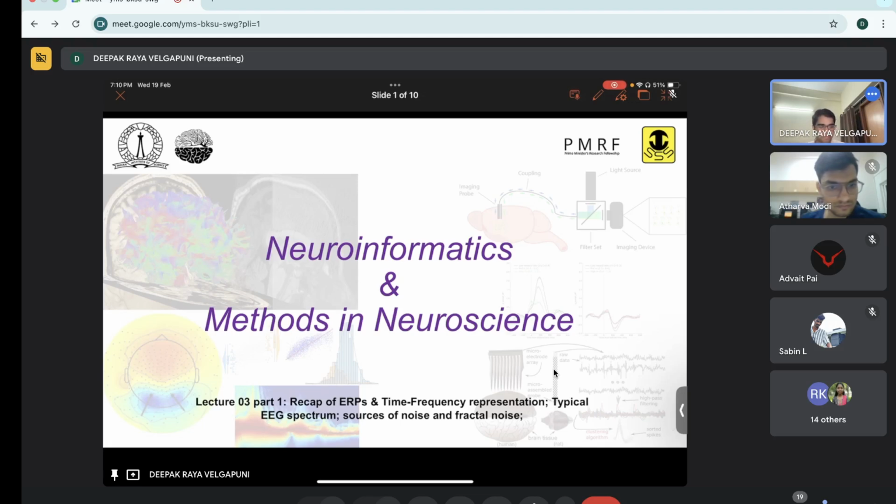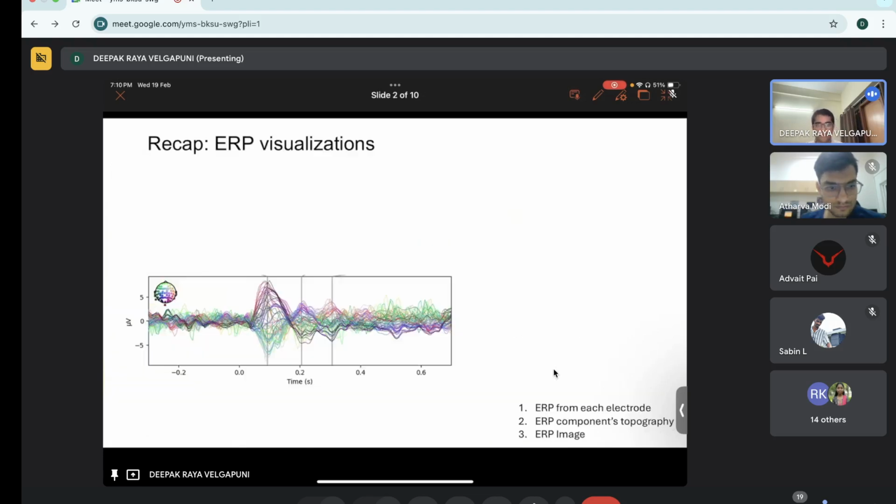So here from last class, we have seen this ERP from each electrode, how you can visualize it. From each electrode you plot one ERP averaged across trials of interest, and you get an ERP plot as shown here.